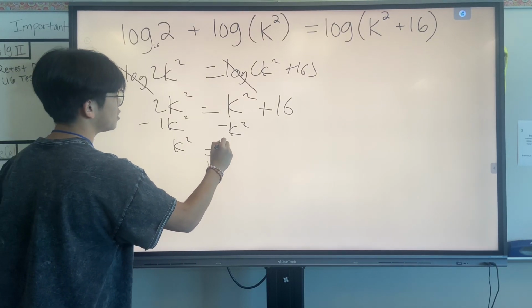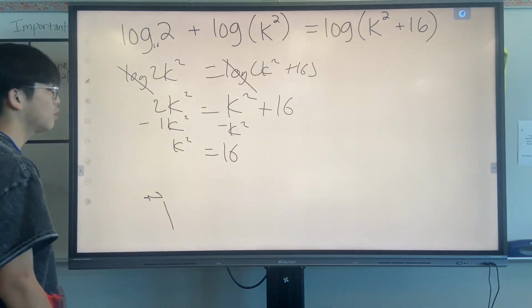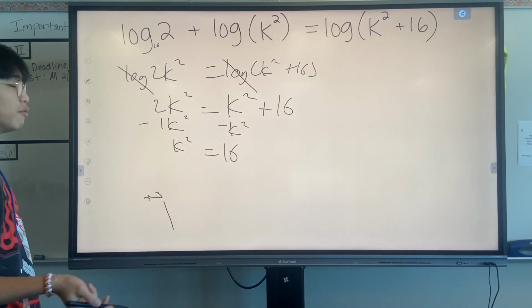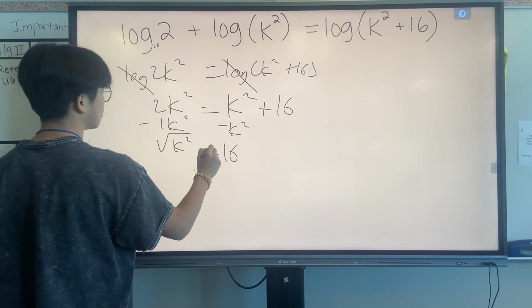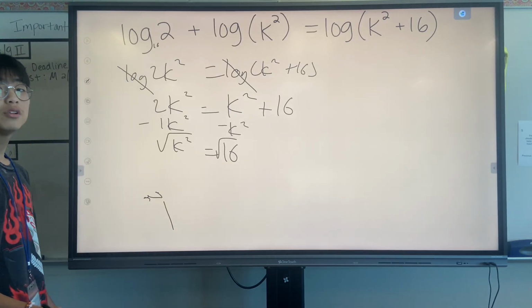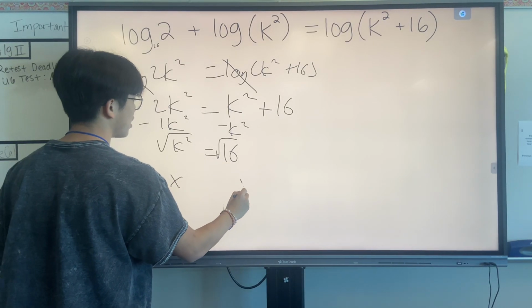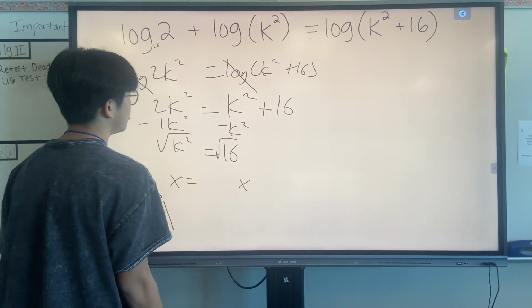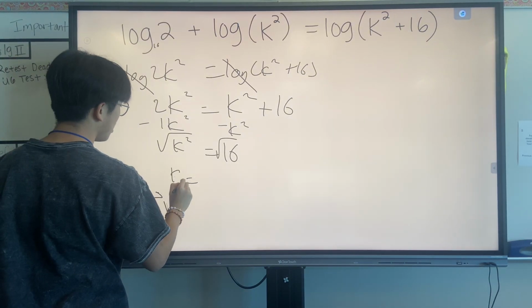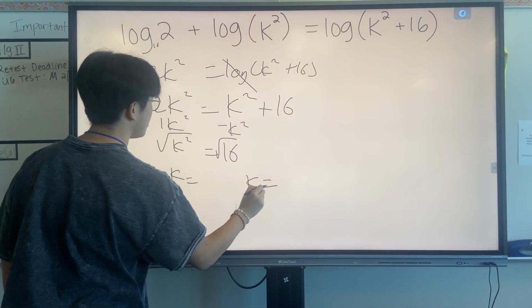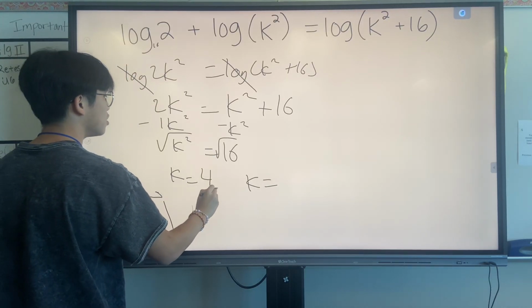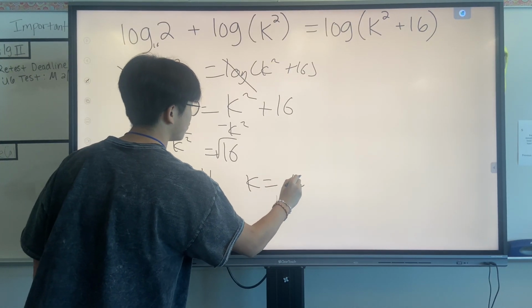And then you have your 16 over there. And now to solve this, you take the square root of both sides. And with the square root, there are going to be 2 answers. One positive, one negative. So when you square root 16, you'll get k equals a positive 4 and a negative 4.